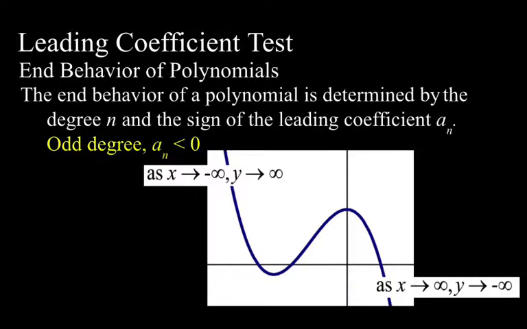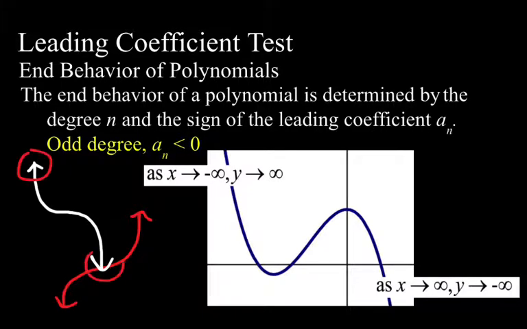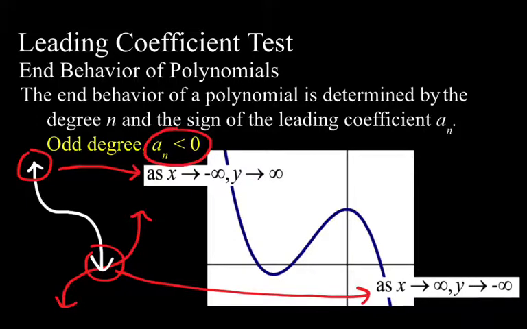So again, if we go back to our odd degree power functions, which kind of looked like this, if we reflect that, notice now it's going to look like this. So now it's going to be up on the left and down on the right. And notice that is exactly what we see in our picture here, and the reason is because now your leading coefficient is negative.